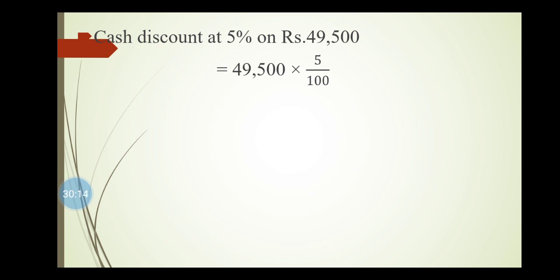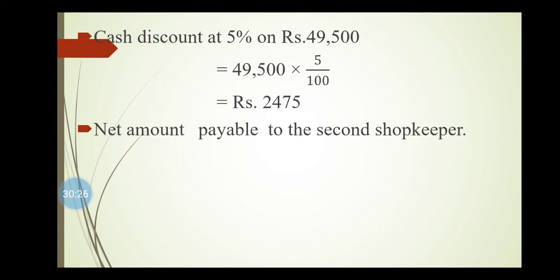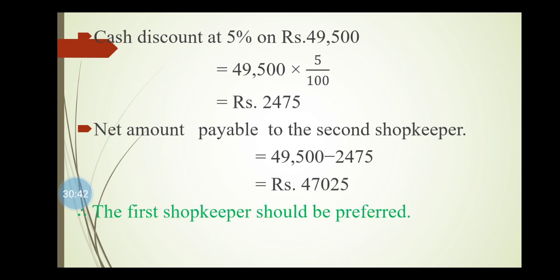So it can be calculated as 49,500 into 5 upon 100. So it is rupees 2,475. So the net amount payable to the second shopkeeper will be 49,500 minus 2,475, which is equal to 47,025. So the first shopkeeper should be preferred.